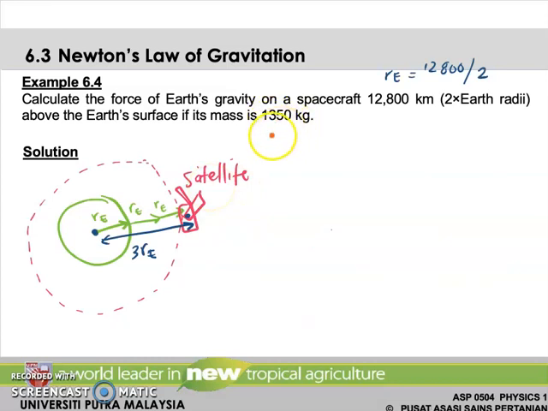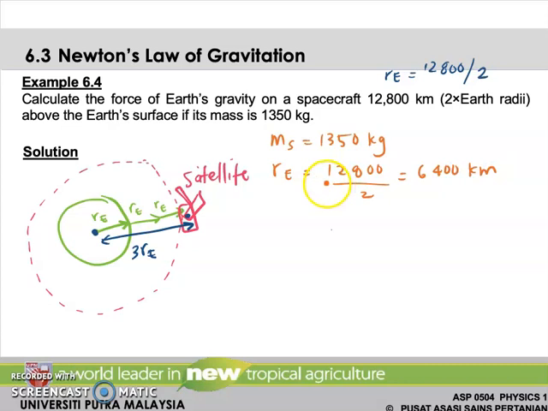So the information that you have is the mass of the satellite is 1350 kilograms. The radius of Earth is 12,800 divided by 2, which is 6,400 kilometers. And then you know that the spacecraft is 12,800 above the Earth's surface, which is 2RE.